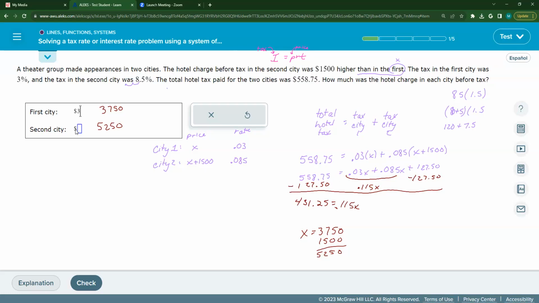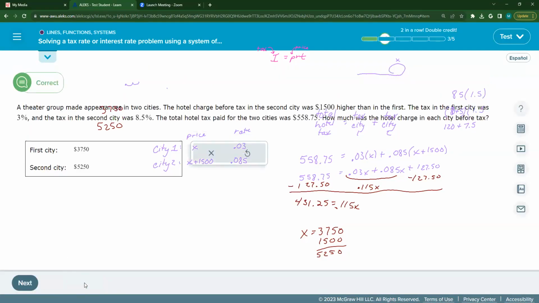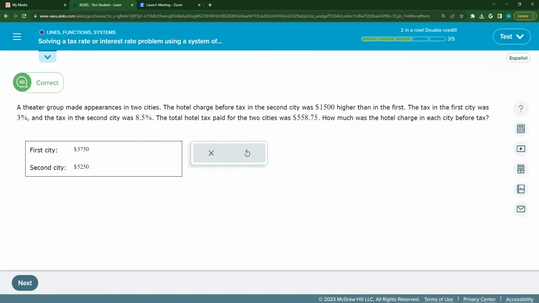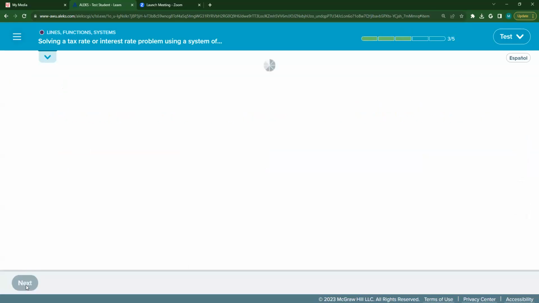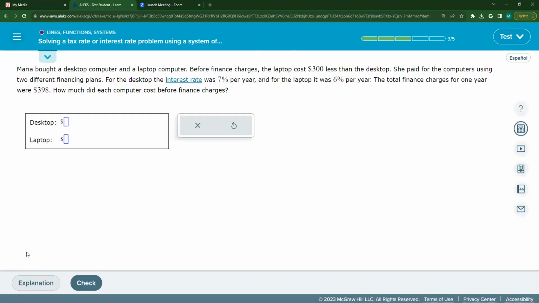And my typing doesn't get creative. All right. Check our answer. All right, and we have one more of these to do. These are probably one of the longest problems that we have in this unit.